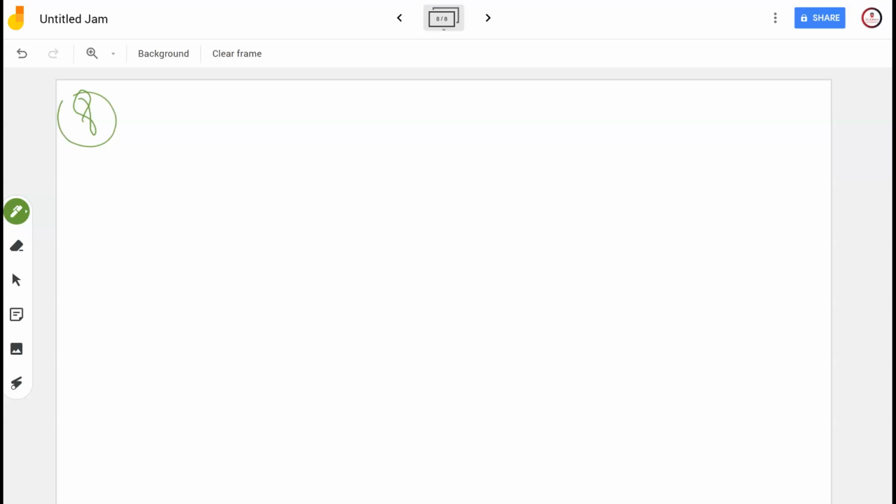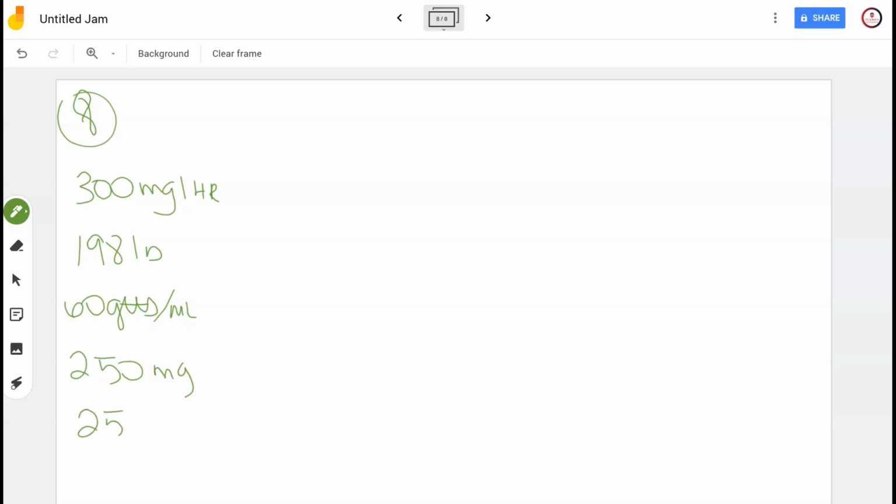Question number 8. You need to administer 300 milligrams an hour to a 198-pound patient using a 60 drop set. If you put 250 milligrams of the drug in a 250 milliliter bag, what is your drip rate?